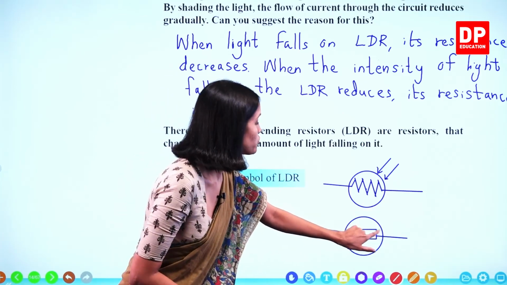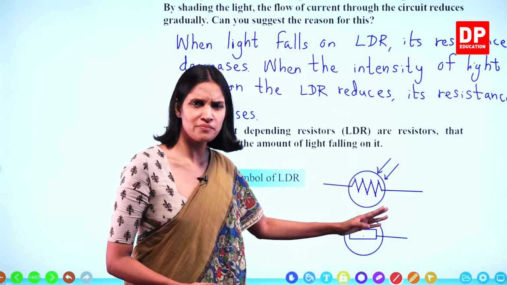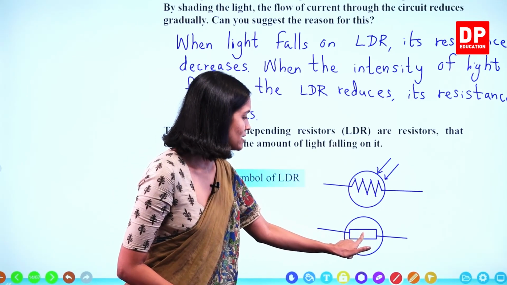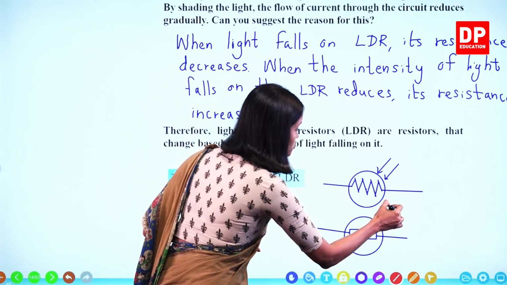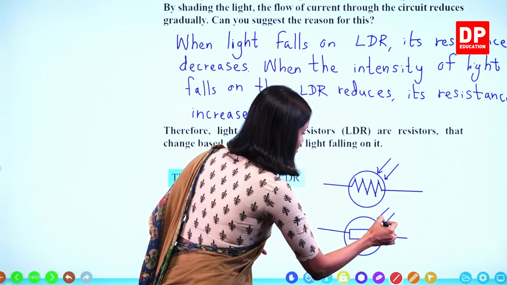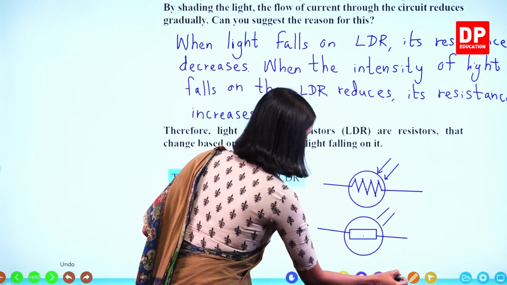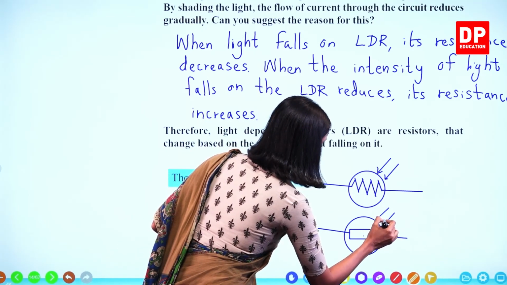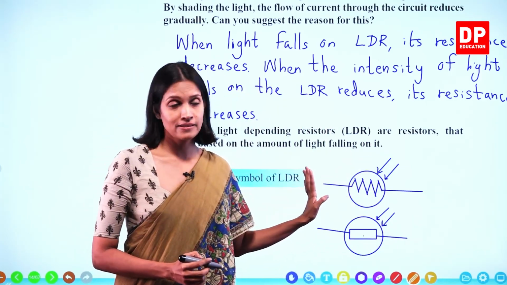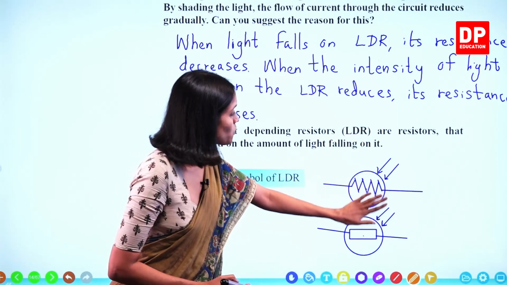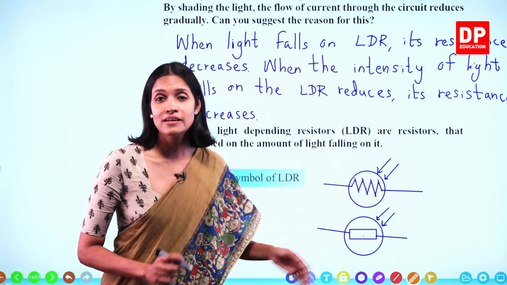Now this time you have to draw it inside a circle like this, right? In some books and some articles you will see capital R is also mentioned here, with or without, correct, okay? And you have to draw two arrows, inward arrows like this. So again, these two arrows indicate the light falls on the LDR. Okay, children? These both can be used to indicate LDR in circuit symbols.